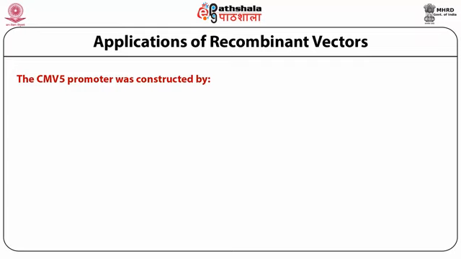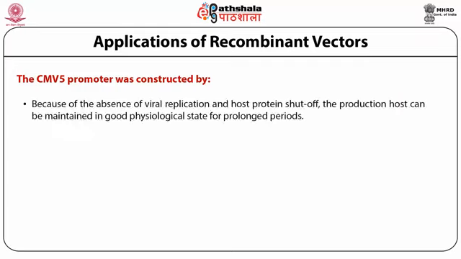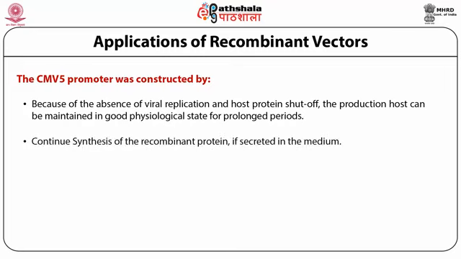Because of the absence of viral replication and host protein shutoff, the production host can be maintained in a good physiological state for a prolonged period, meaning expression of the genes can continue for a longer time as it is not toxic to the cell, and continuous synthesis of the recombinant protein, if secreted in the medium, can be obtained.